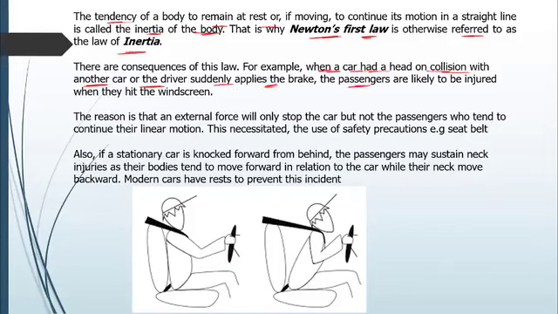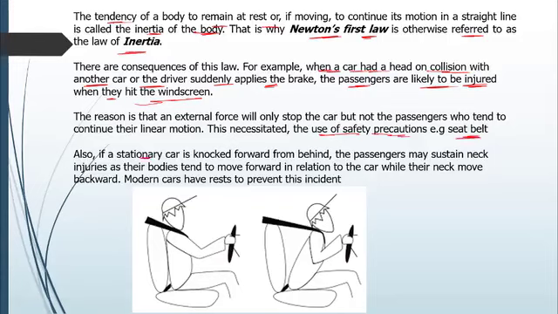The passengers in the vehicle are likely to be injured because with the sudden application of brake, they might fall forwards and hit the windscreen, especially the driver. The driver might have to hit his head on the steering wheel or on the windscreen. That is the reason why passengers are asked to use safety precautions such as a seat belt.